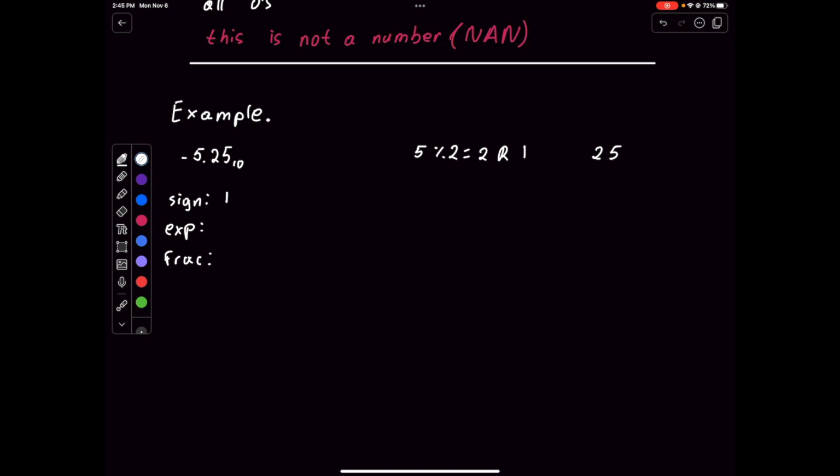Now we have 2 divided by 2, which is 1 with a remainder of 0, and 1 divided by 2 is equal to 0 with a remainder of 1, correct? After that, we could also say 0 divided by 2, but it's not going to give us anything important, so we're going to ignore that.